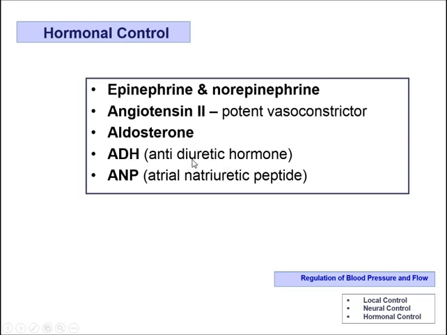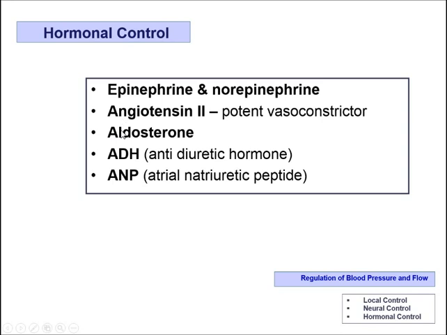It has no place else to go but stay in the blood. So antidiuretic hormone is released in response to low blood pressure, goes to receptor sites on specialized kidney cells, and instructs those cells to bring the fluid back into the plasma, put it back in the blood, increase blood volume, increase blood pressure. Okay, that's ADH.